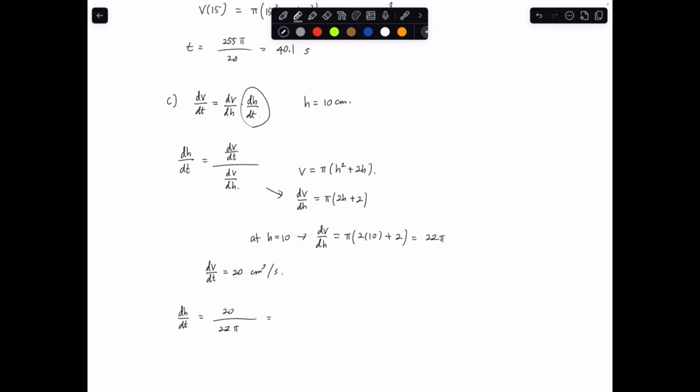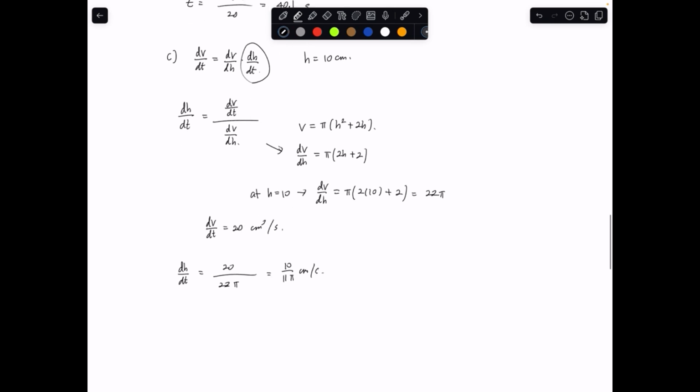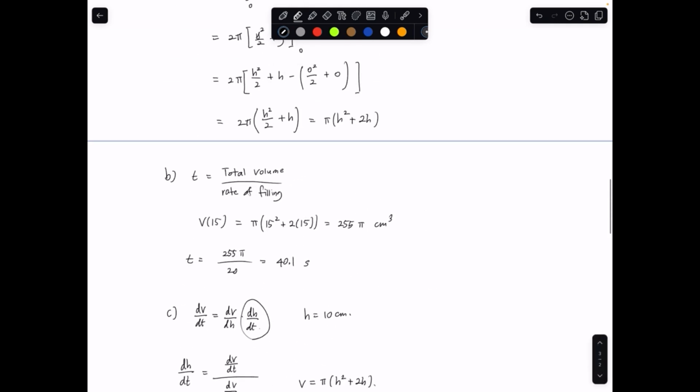And that should give us 10 over 11 pi centimeters per second. And so you can leave your answer like this, or you could just go ahead and calculate it with your calculator and get 0.289 centimeters per second.